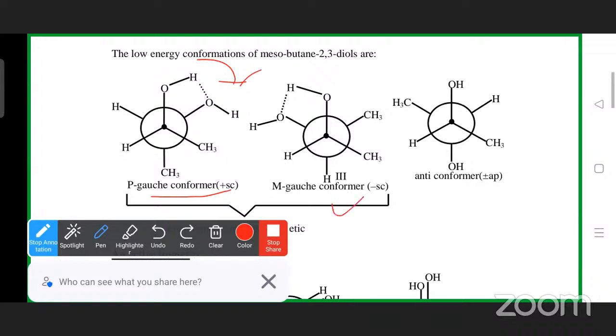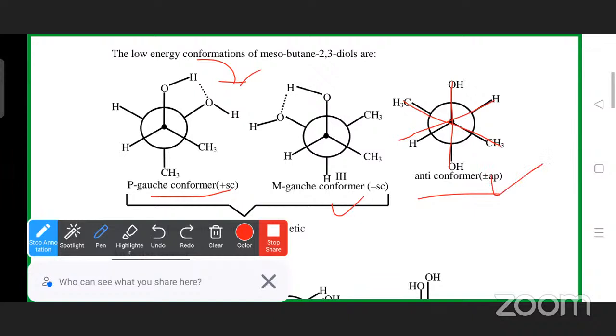Both are the same, but the position of the hydroxy groups is different. Upon further rotation, you will get the anti-conformation. Anti means the hydroxy groups are opposite, in the trans direction, the methyls are in the trans direction, and the hydrogens are in the opposite direction too.